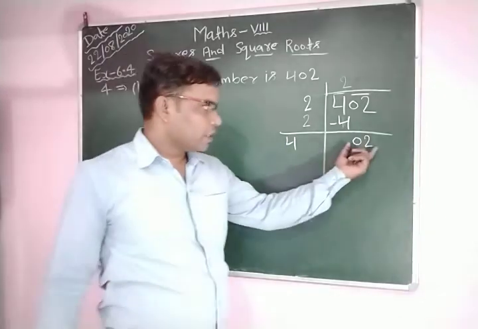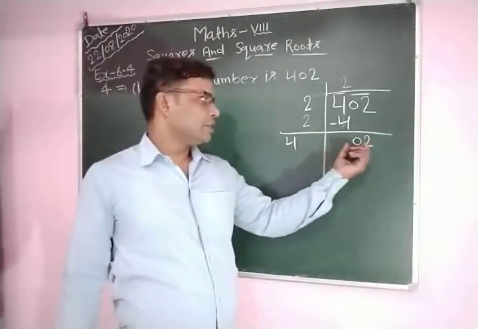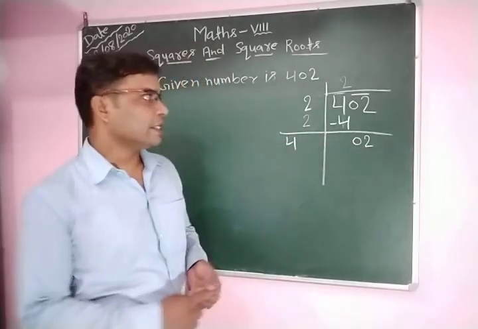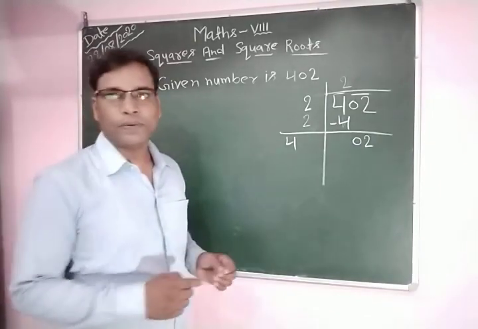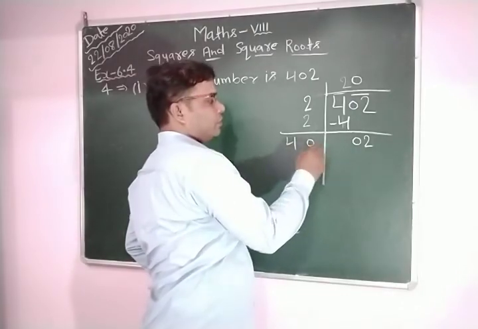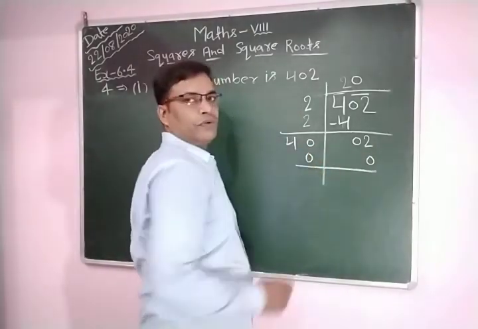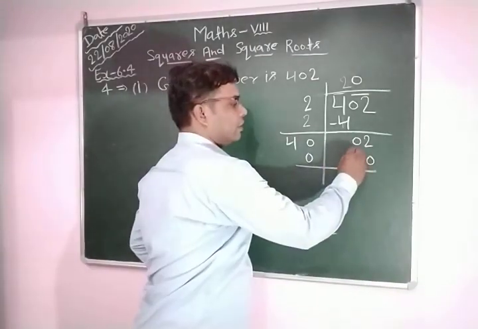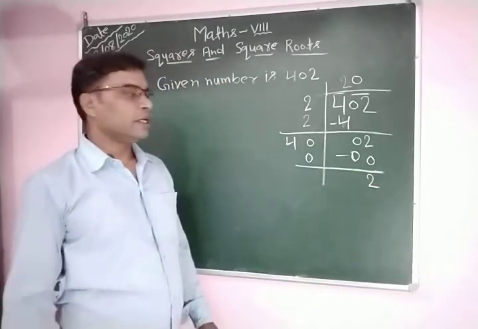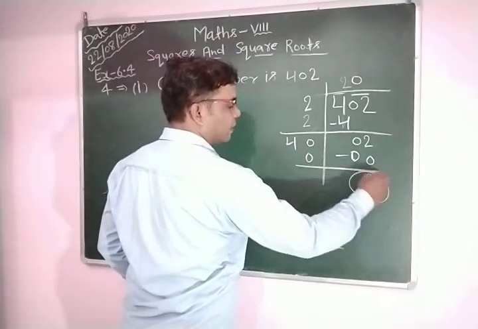So this is our new dividend. Here this is 02 and this is 4. So we take 0, and put 0 here and 0 here. 0 into 0 is 0, and 0 into 4 is again 0. Subtract this and you obtain 2. So 2 is the remainder.